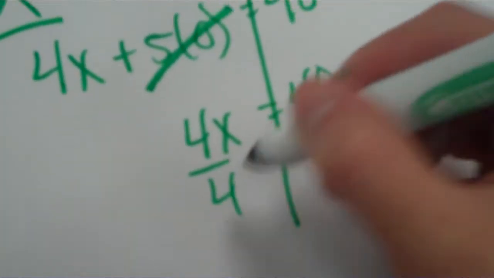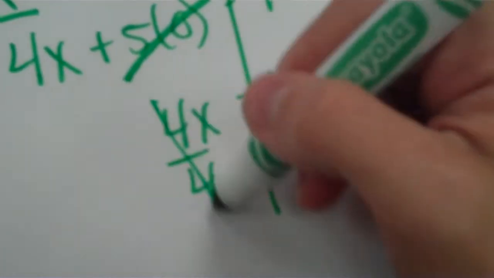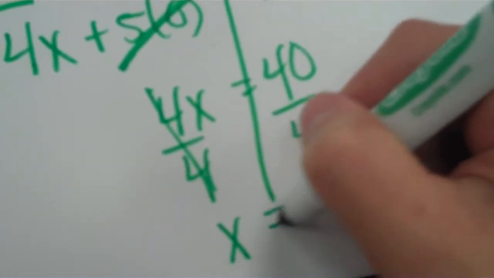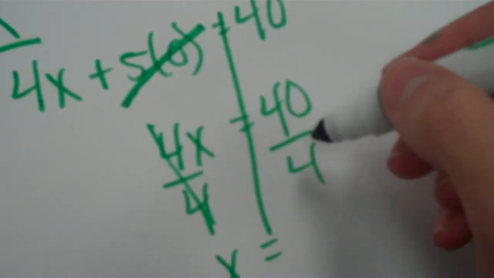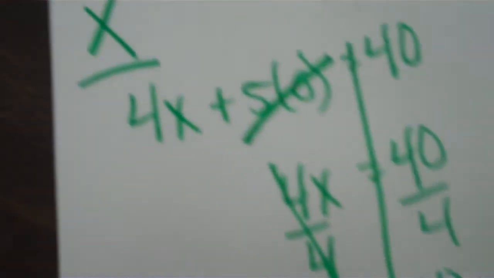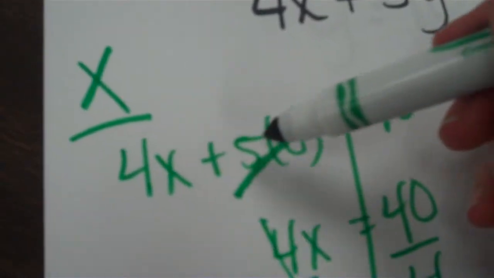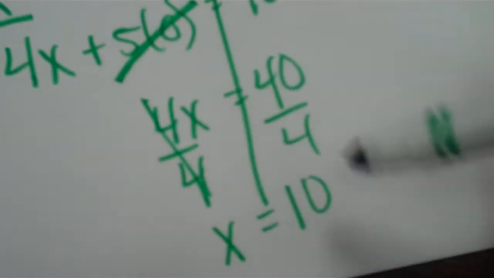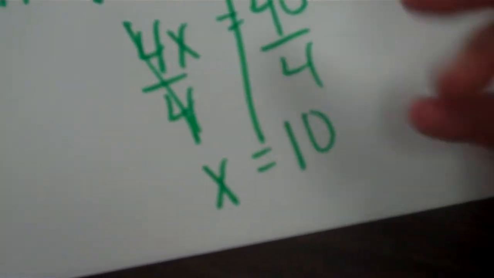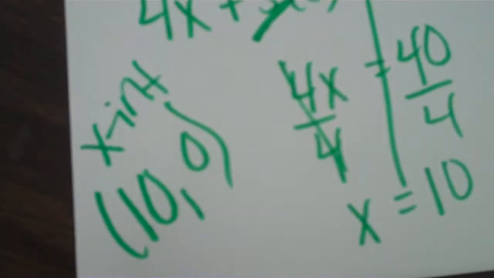Then you divide by 4. Pause if I'm going too fast. Okay, 40 divided by 4 is just 10. So I replaced y with 0, I brought this down, brought that down, divided by 4. The x-intercept is 10, but make sure you write it as (10, 0). That is the x-intercept. Okay?